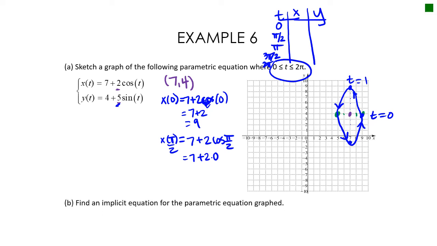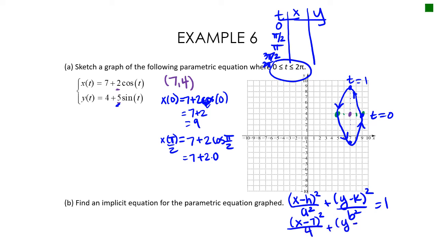And then if we had to find an implicit equation, this is an ellipse, so it's going to be (x minus h) squared over a squared plus (y minus k) squared over b squared equals 1. So that's going to give us (x minus 7) squared all over 2 squared, which is 4, plus (y minus 4) squared all over 5 squared, which is 25, equals 1.